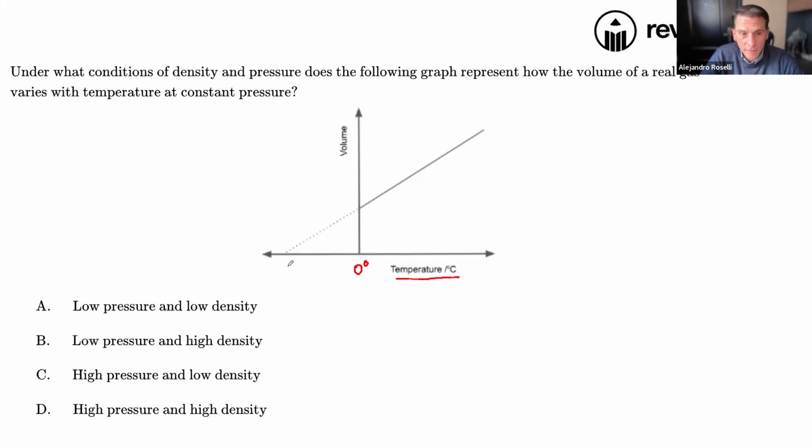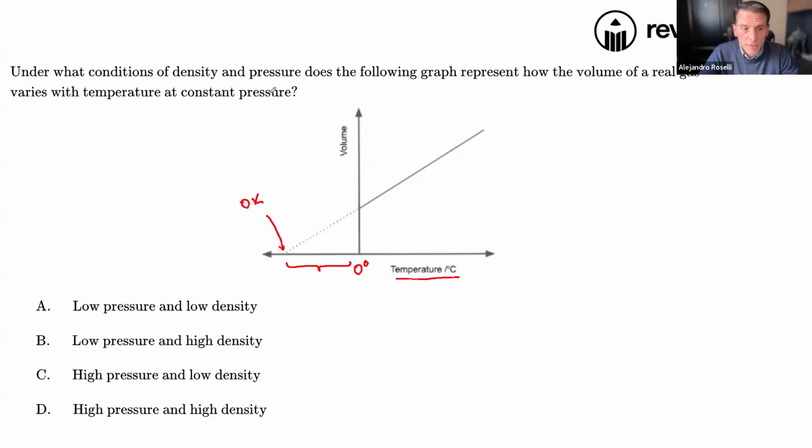So we have this negative temperature region, which only makes sense when we're treating temperature in degrees Celsius, not in Kelvin. That x-intercept that you see right there would represent absolute zero, when we're at 0 Kelvin, located at negative 273.